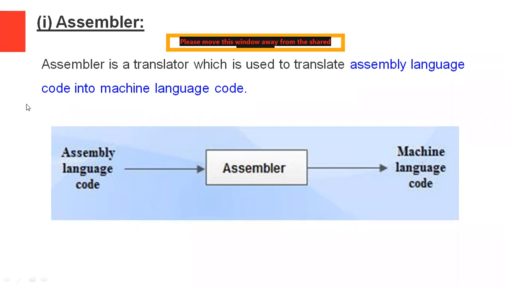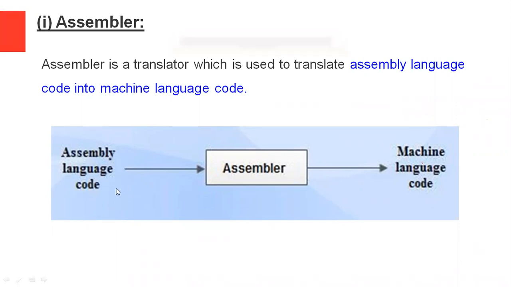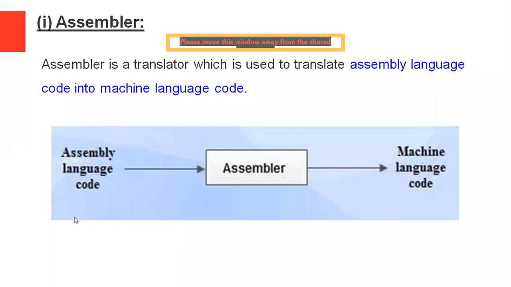Here is the diagram for the assembly language code. Assembly level language code is a low level language, and this low level language is converted by using the assembler into machine language code.